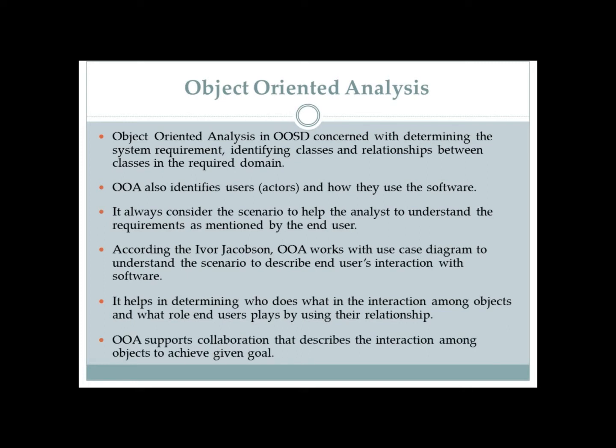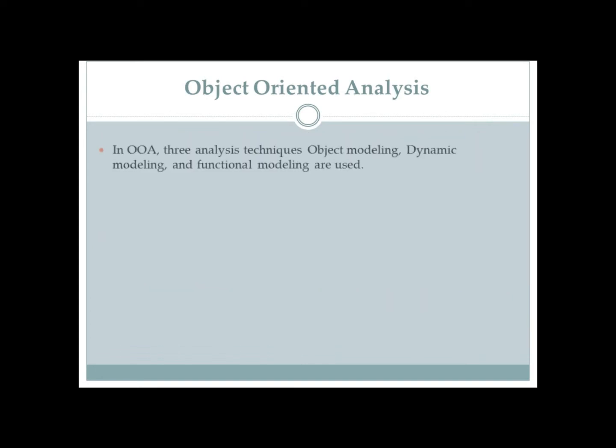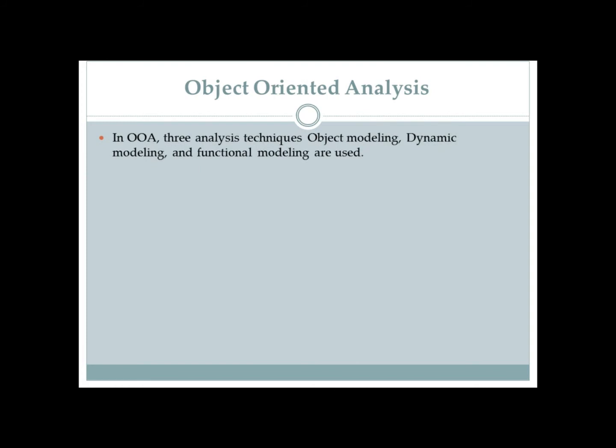Object-oriented analysis also supports collaboration that describes the interaction among objects to achieve a given goal. With this analysis phase, it also has some techniques like object modeling, dynamic modeling, and functional modeling.